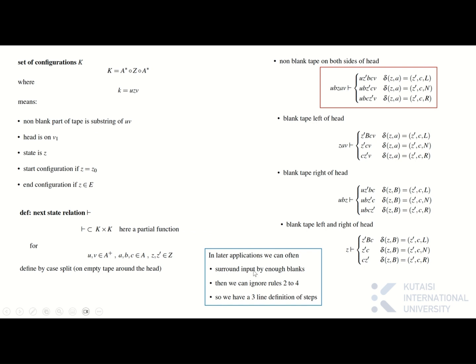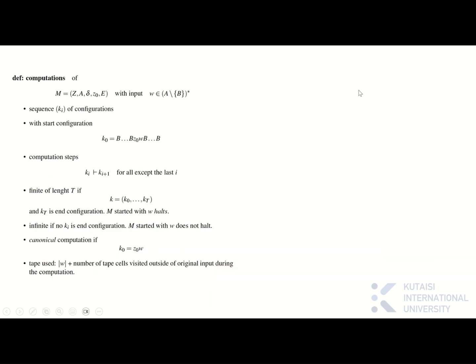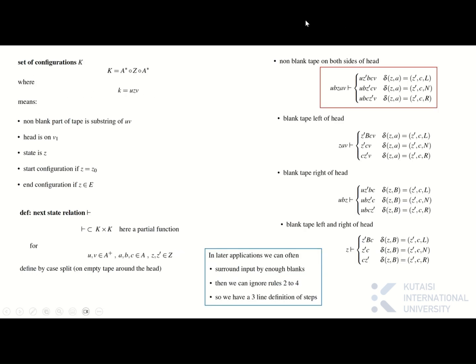We will often assume that you have an input and there's enough B's on both sides such that your Turing machine never crosses into emptiness. If I always assume that this can never happen because I have enough blanks written on both sides, then I can only look at this situation here. And this is what they do, and every computation comes down to this. Okay, let's take a break and you ask questions.